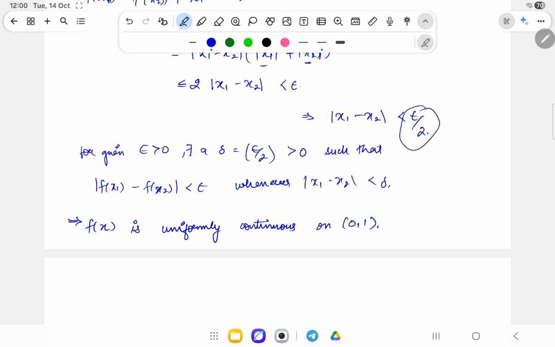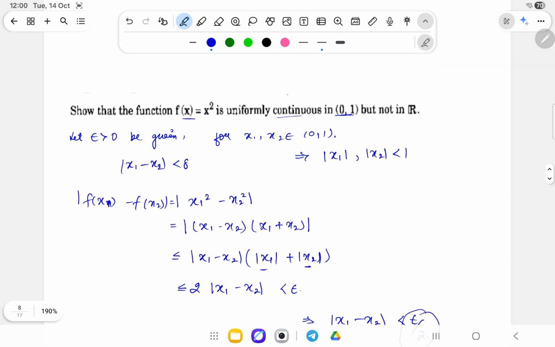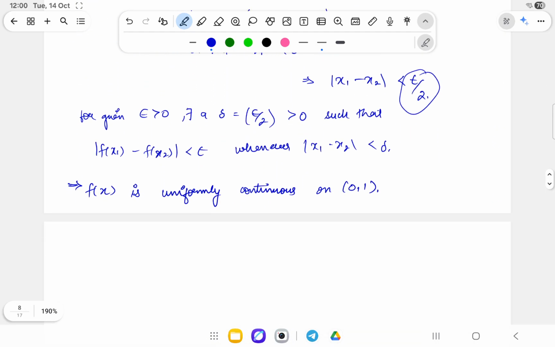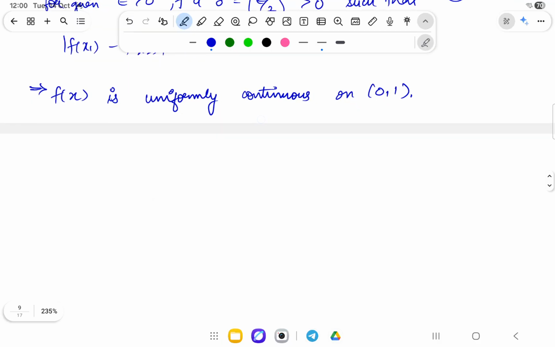Now let's move on. We are also supposed to show that it's not uniformly continuous throughout the real line. So for that, we'll basically resort to the sequential criteria.